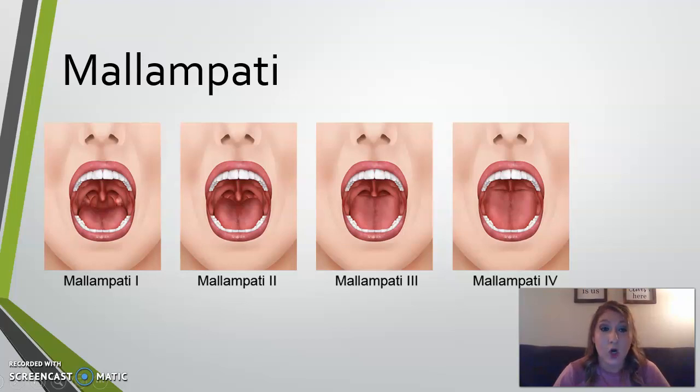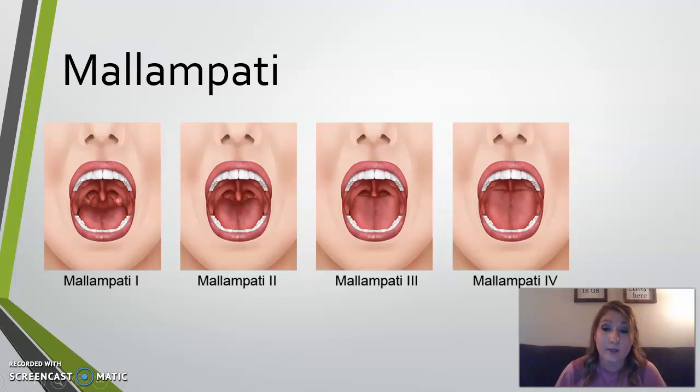That's because the airway is open. A 2 is when we look inside the mouth and the tongue is partly covering the uvula, and that's because the airway is mostly open. A 3 is when the tongue is almost covering all of the uvula, the airway is mostly closed.